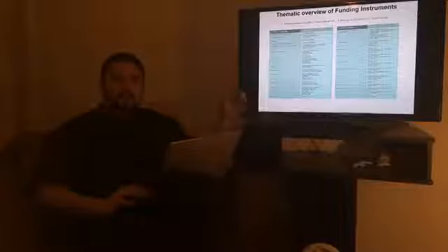There's no need to focus on this one because it's a bit misleading to create this type of table. These types of tables are typically developed and presented by multinationals like Deloitte, like others, who sell their services and want to demonstrate how they understand the range of instruments available to you and so on.